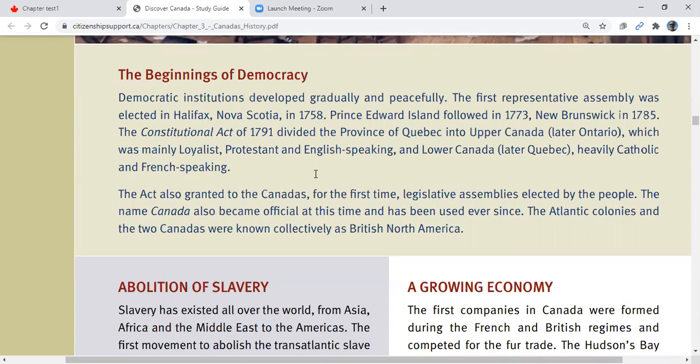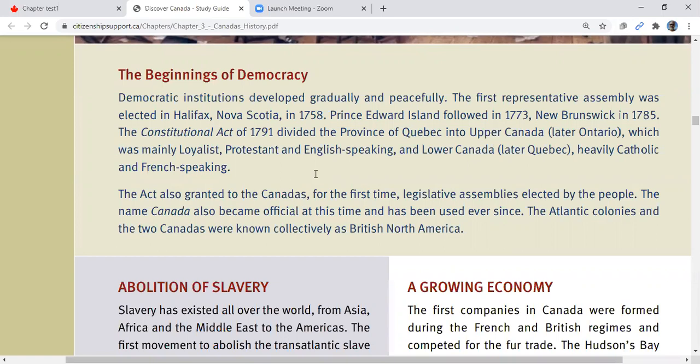They made Upper Canada, later Ontario, and Lower Canada, Quebec. They said those provinces could have their own government. The name Canada became official. Everybody called it Canada. And then Upper Canada, Lower Canada and the Atlantic provinces, so Nova Scotia, Prince Edward Island, New Brunswick, all those colonies, they weren't provinces back then, they were just colonies.